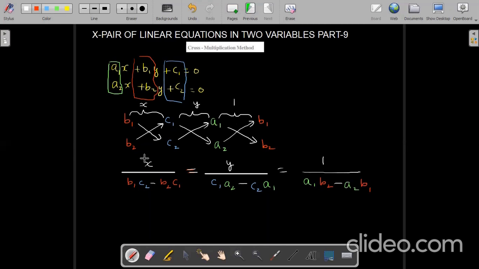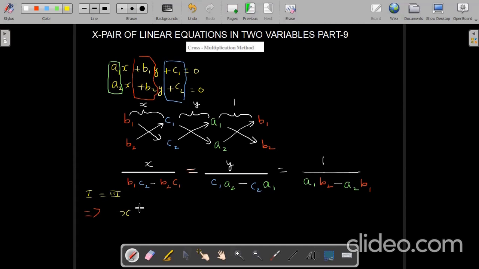Now we will equate the x term with the constant term and the y term, and we get the values of x and y. So this will give you the value of x. When you equate the first term to the last, this is first, second, third. First is equal to third.